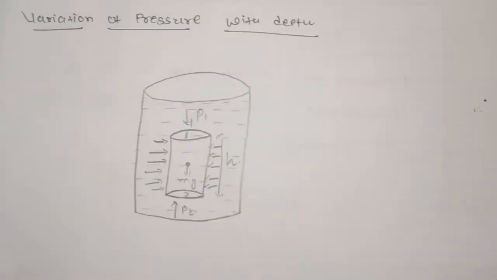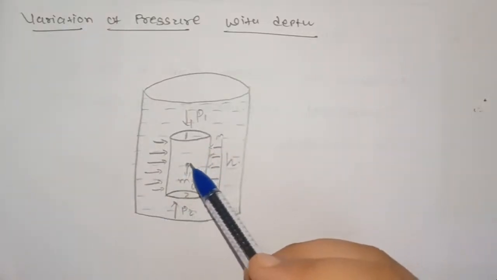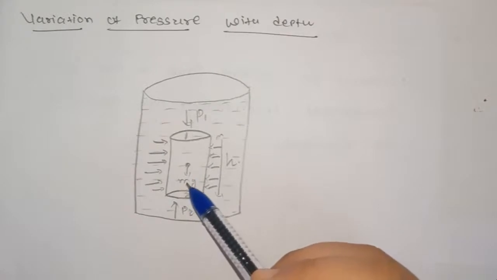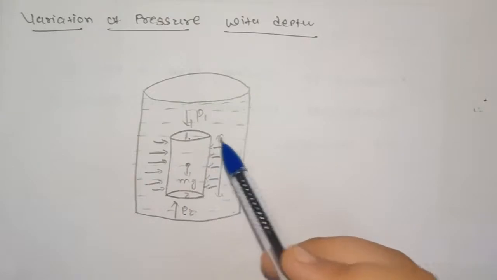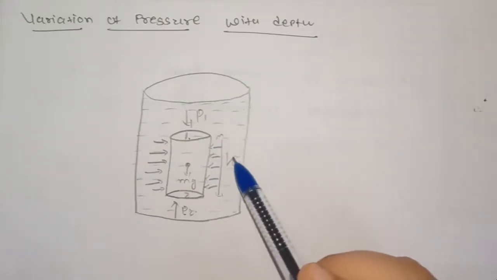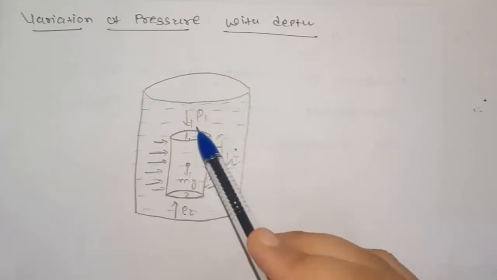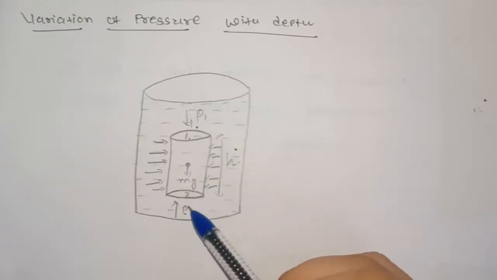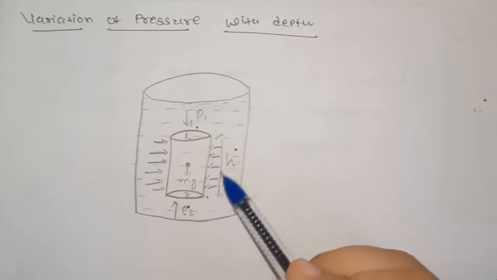Now let us find the variation in pressure with depth. For this we have taken a container in which a cylindrical object is kept. Let us find the pressure at 2 points 1 and 2 whose levels differ by h in a fluid at rest. Let P1 be the pressure at surface 1 and P2 at surface 2, and the height above P2 is h.